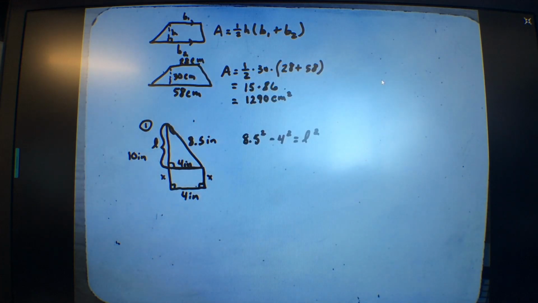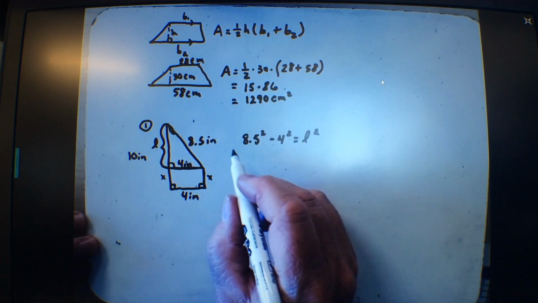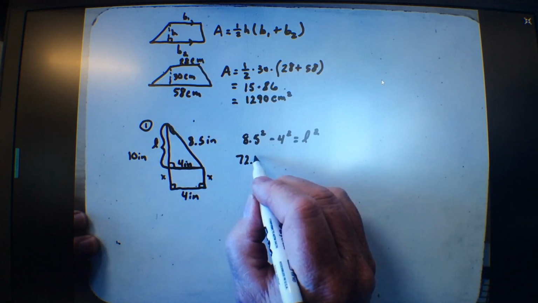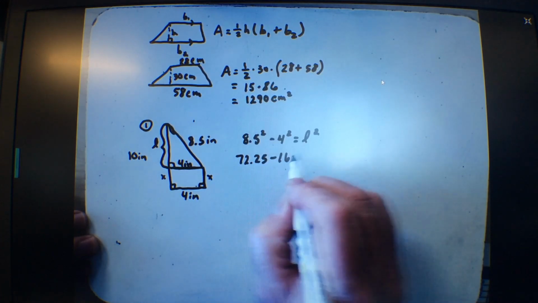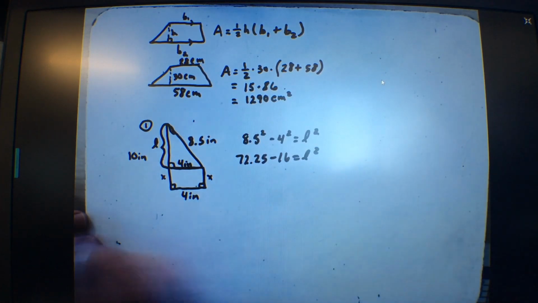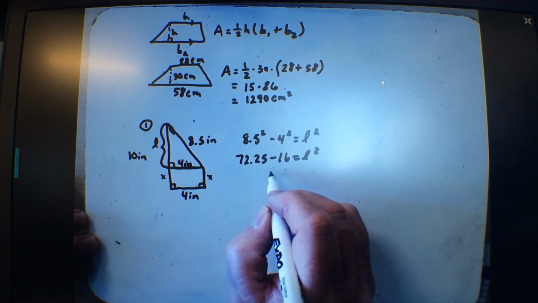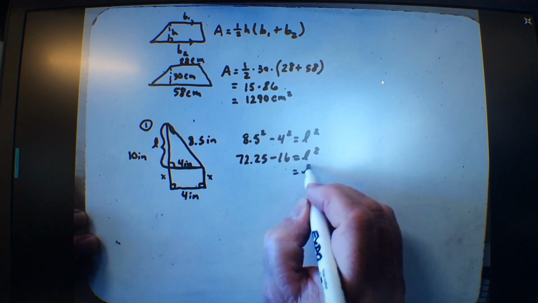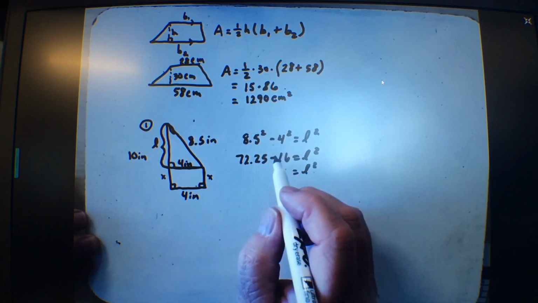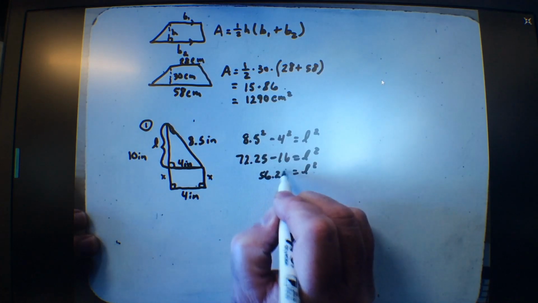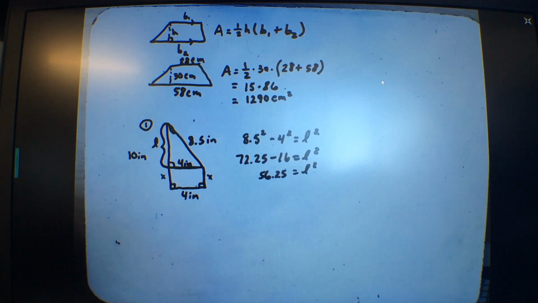So what is 8.5 squared? About 72.25. Minus 16 equals L squared. What is 72.25 minus 16? 56.25.